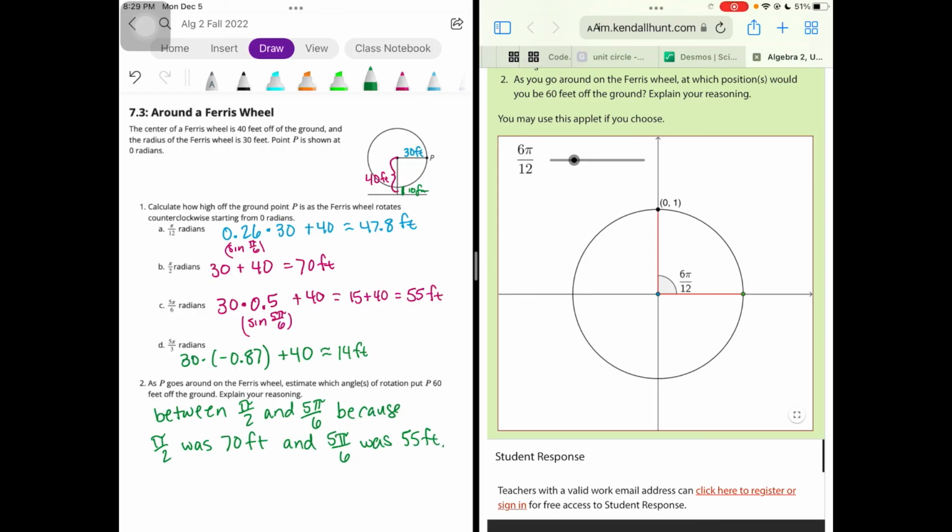And then we also know that somewhere between pi over 12 and pi over 2, right? Because pi over 12 was 47.8 feet.